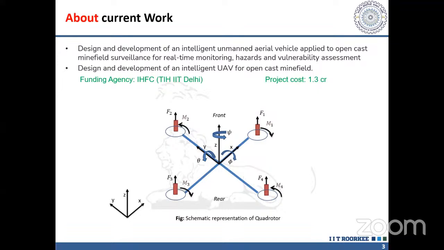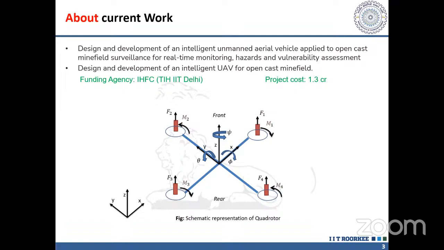So these drone systems include various components like the RC remote controller, transmitter, power distribution systems, propellers, motors, where we are using BLDC motors, brushless DC motors, and obviously the frame.